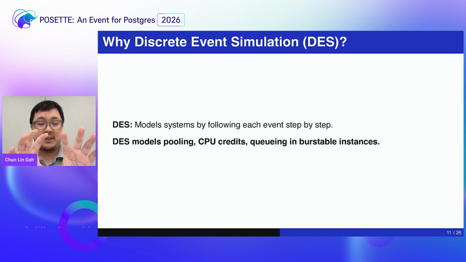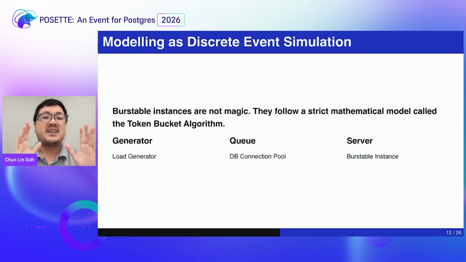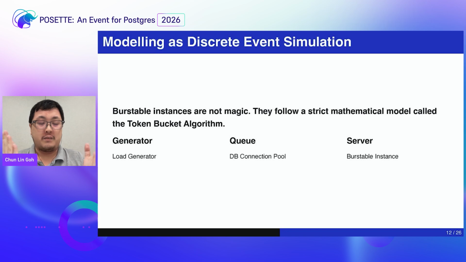When we chain these events, we form a list called the future event list. If you are already aware, the token bucket algorithm that we showed just now is actually a graph of events. When your CPU hits 0, it's one event. When your CPU recovers, it's also an event. So in discrete event simulation, we have three things: the generator, the queue, and the server.